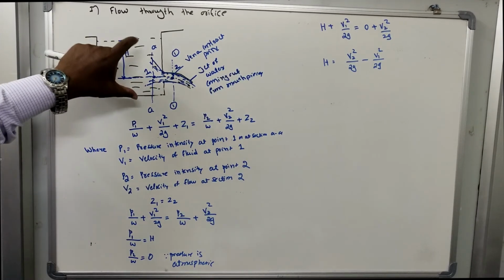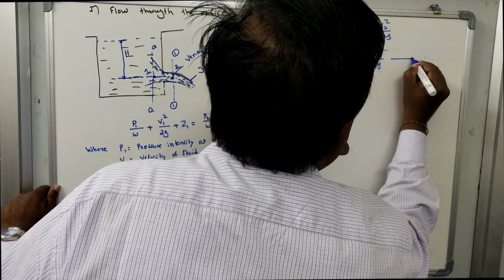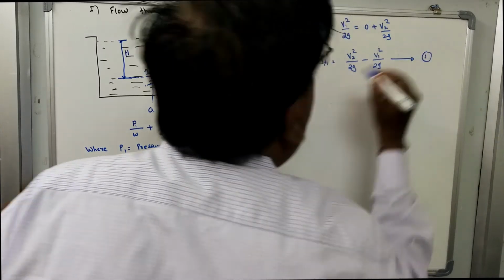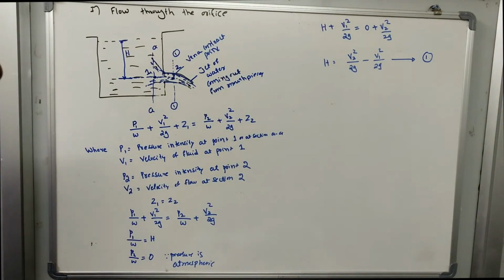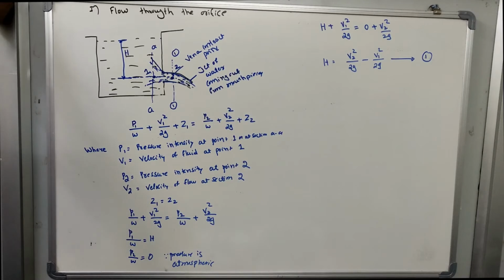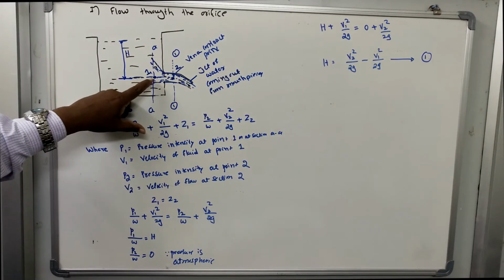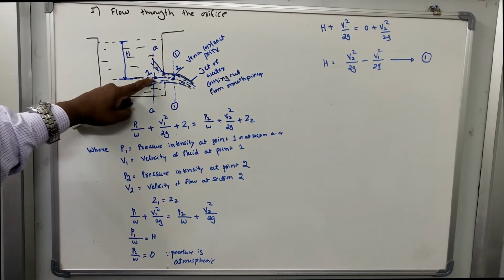Let us take this as equation 1. Now observe equation 1: the pressure head H is equal to V2 square by 2g minus V1 square by 2g. So what is the velocity at point 1?